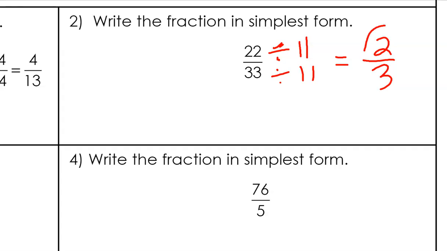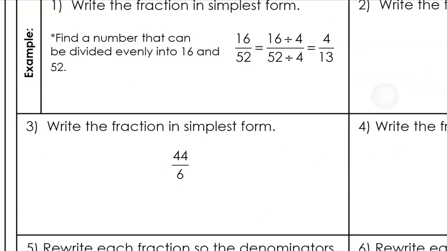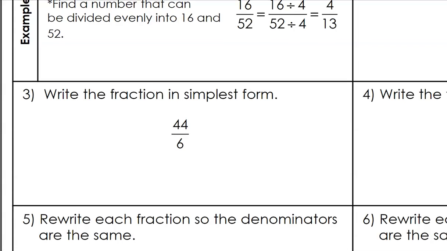So this is an equivalent fraction for 22 over 33, just in reduced form. And that's what you're going to do for all of these. Look for the greatest common factor for each of these to reduce it.